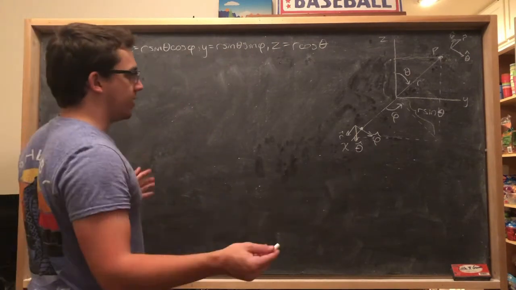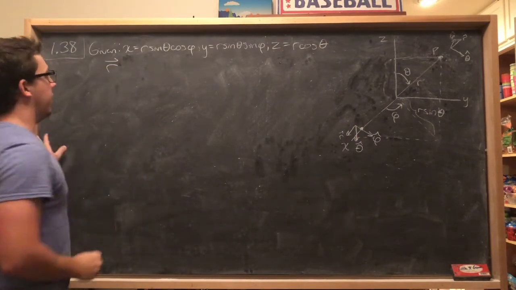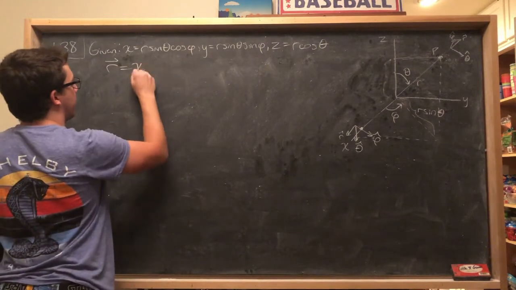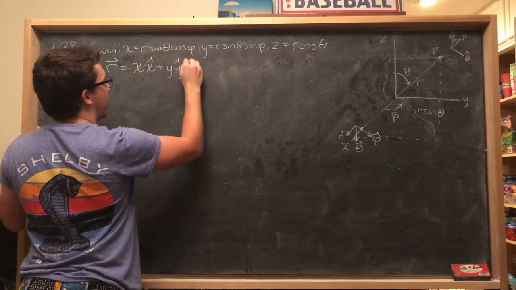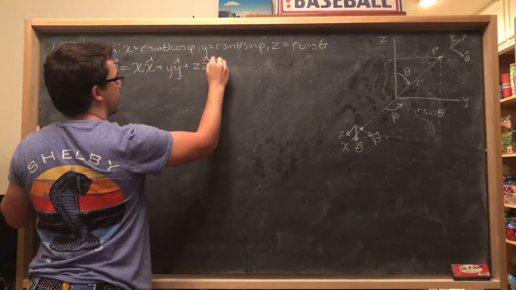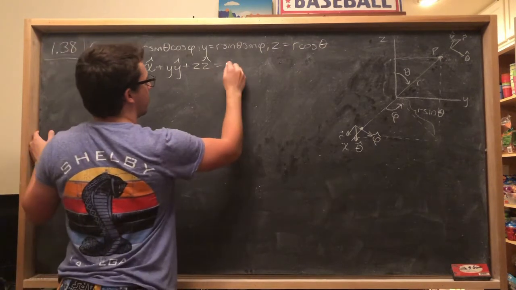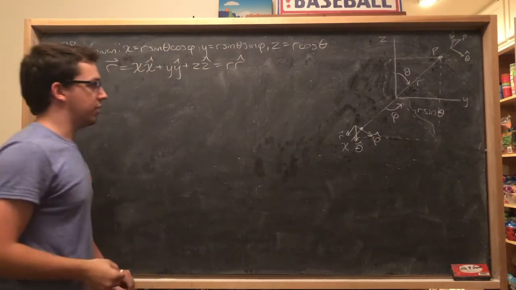The easy way is that if we recall our displacement vector r, we can write that as x x hat plus y y hat plus z z hat. Or another way to write it is the magnitude of r in the direction r hat.